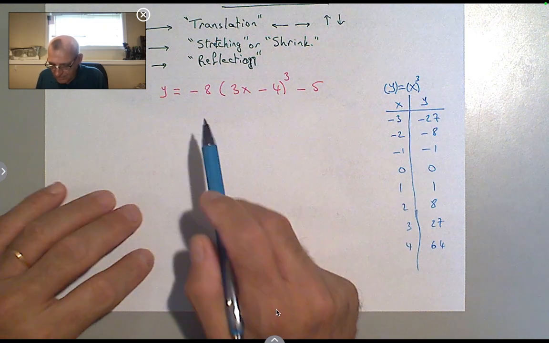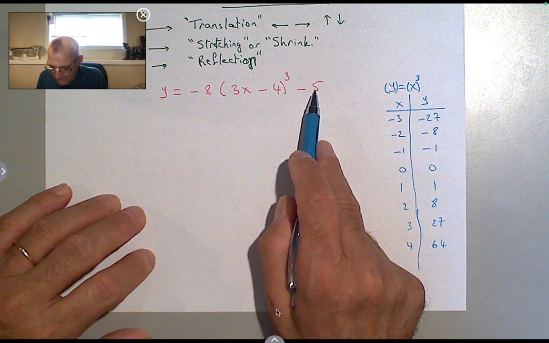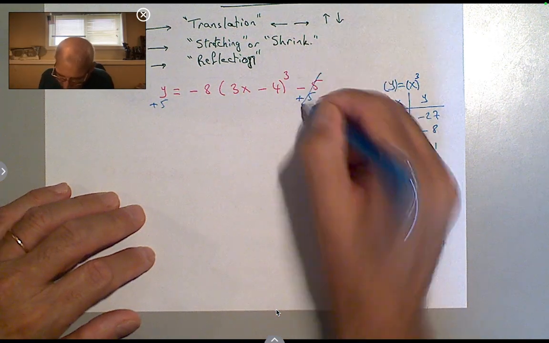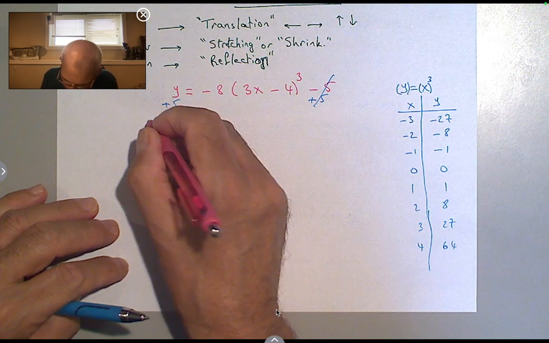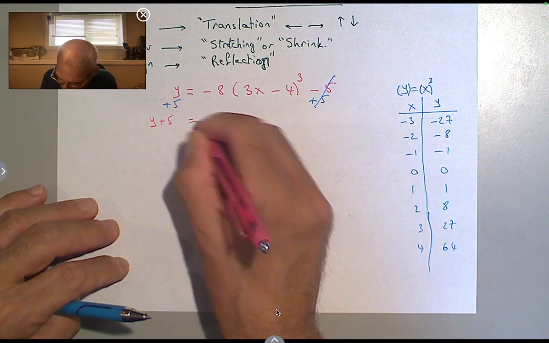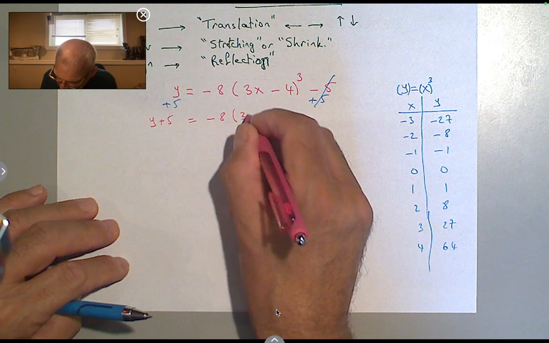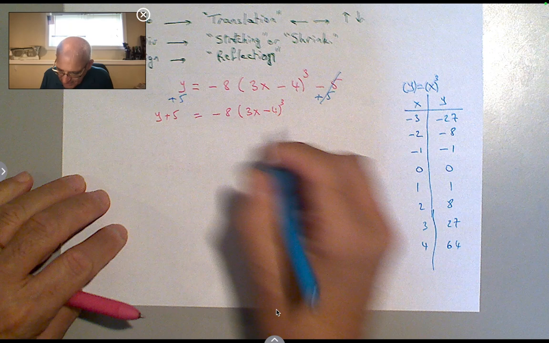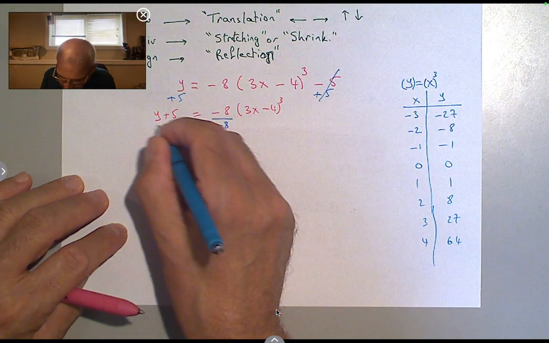So I have to get rid of the negative 5 by adding 5 to both sides, correct? That's what you learn in algebra. Then you will get y plus 5 equals negative 8 times 3x minus 4 cubed. I still have a negative 8, so why not divide both sides by negative 8?